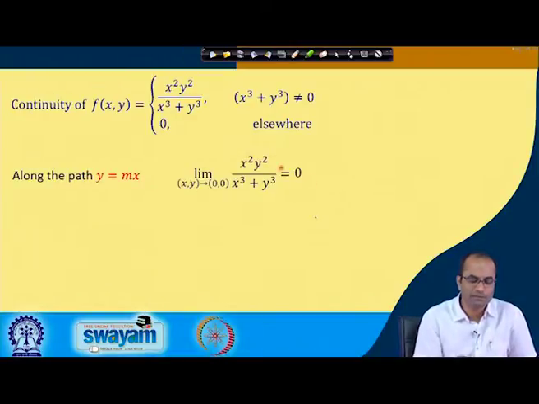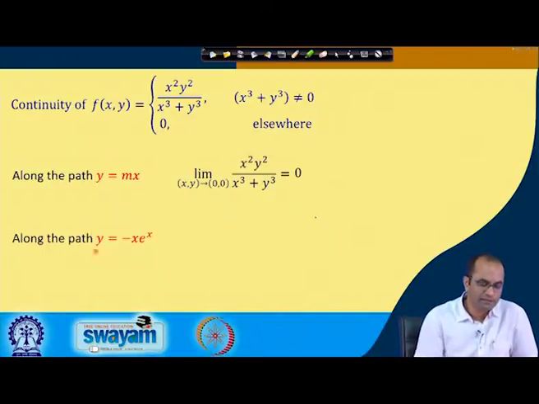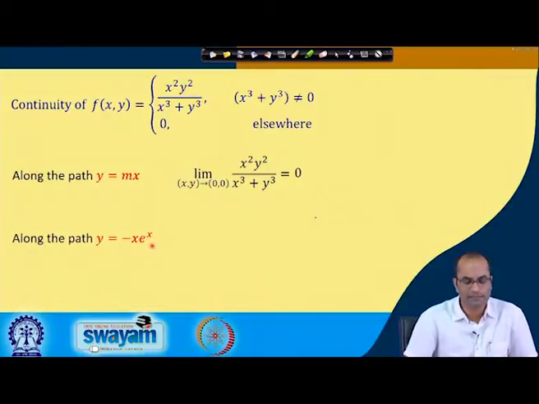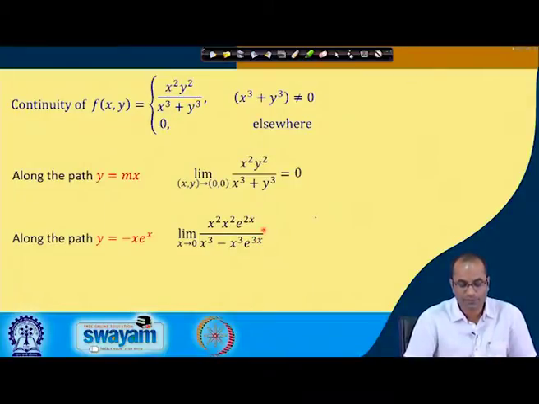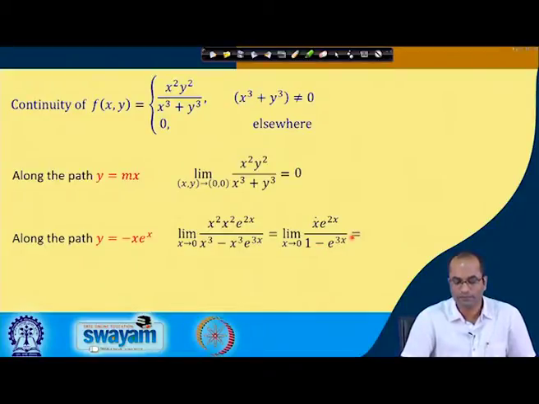Here this limit is 0 along this path, but if we take this special path y is equal to minus x e power x, then we get x square, and for y square again x square e power 2 x, and then x cube, and y cube will be x cube with minus sign and e power 3 x. Now this x cube will get cancelled. So, we have in the numerator x e power 2 x and in the denominator 1 minus e power 3 x.